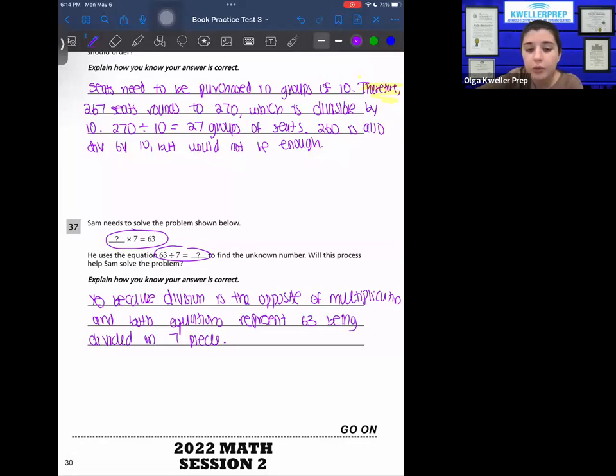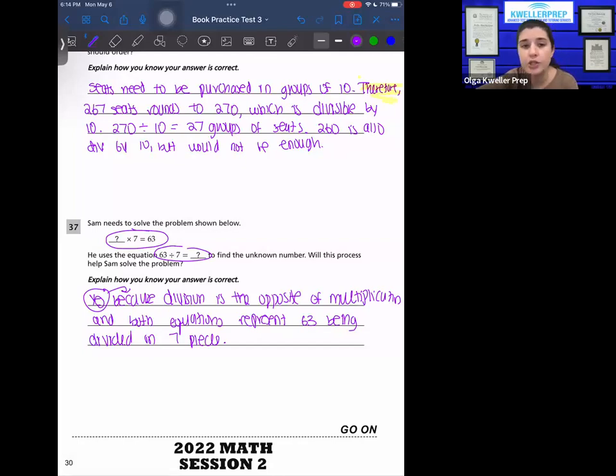So in general, what you want to show to get a full 2 out of 2 response is that you understand what they're testing. You understand that multiplication and division are inverses, and you have a complete and correct response. So you need this yes, and you need the explanation. Each one of those is worth 2 points. And an understanding that somehow these are inverses.